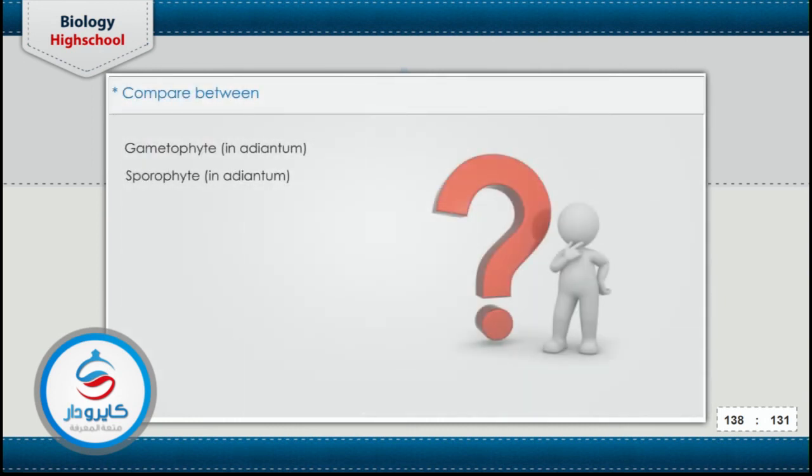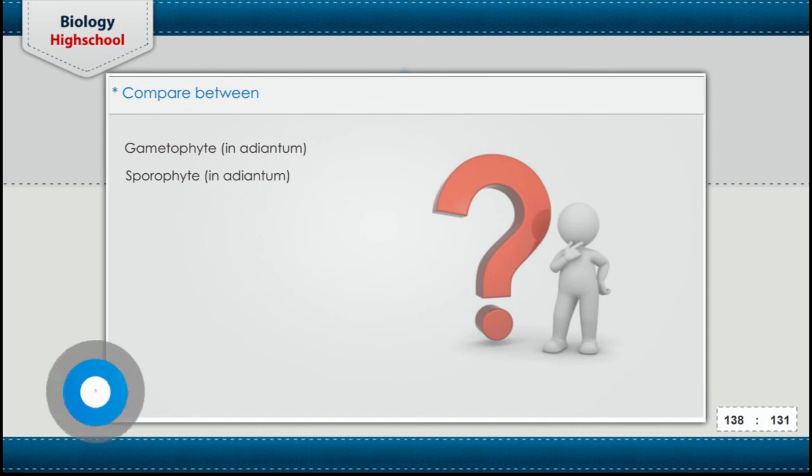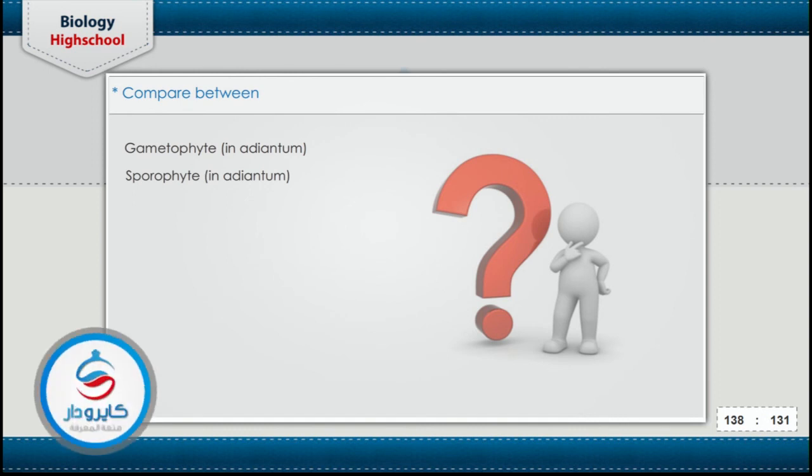The next question: compare between the gametophyte in adiantum and the sporophyte in adiantum. The sporophyte in adiantum or Polypodium vulgare, that's the same gametophyte and the sporophyte. Gametophyte is formed as a germination of one spore haploid cell, but the sporophyte is formed due to the development of the zygote 2N.